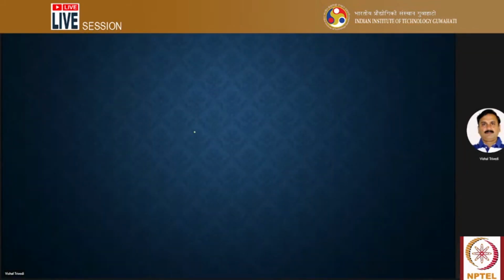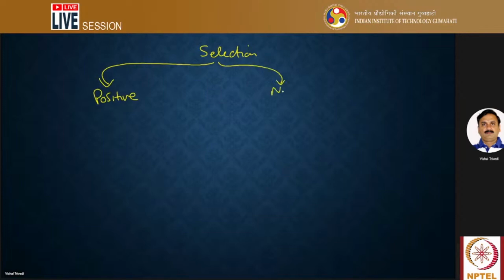So let's first understand the positive selection. Selection can be positive selection or it could be a negative selection. Now, positive selection means, for example, if I take the ampicillin resistance gene.